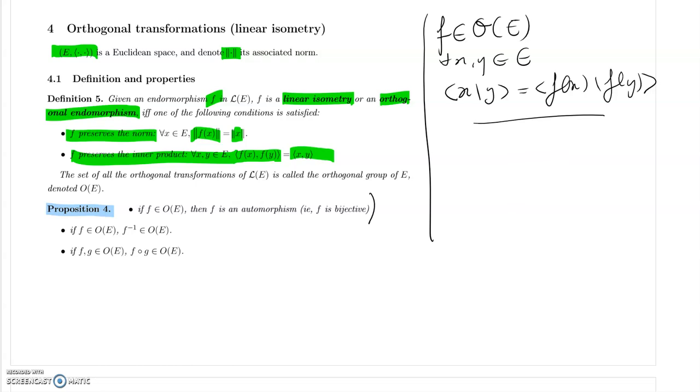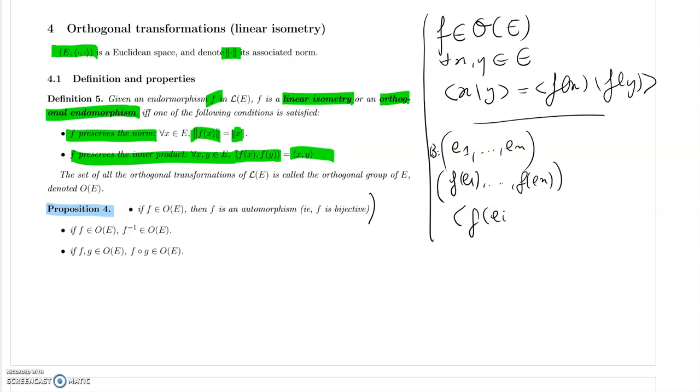Let's consider a basis. We've got this orthonormal basis of E. We know it exists because it's a finite dimensional space with a nicely defined inner product. So it has n elements. And let's consider f of e1, ..., f of en, the family that is made out of the images by f of these basis elements. What do we have?